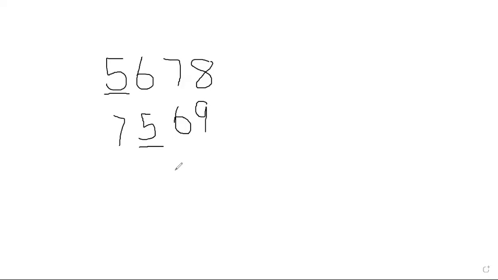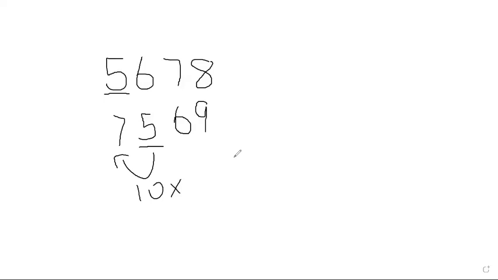So I'm going to move that 5 from the hundreds place to the thousands place. That's one move. Every time I move one place, it's going to be 10 times. So I'm saying that the 5 in my first number is 10 times greater than the 5 in my second number. So that's my first strategy.